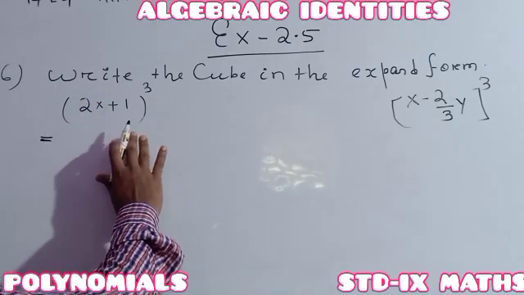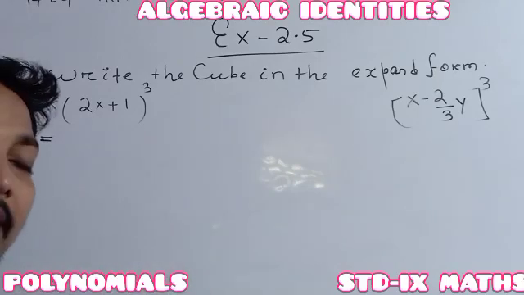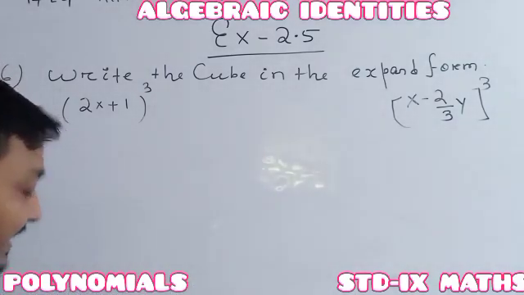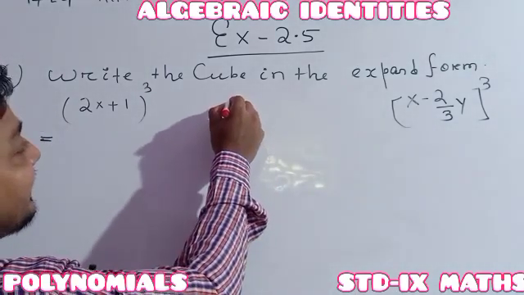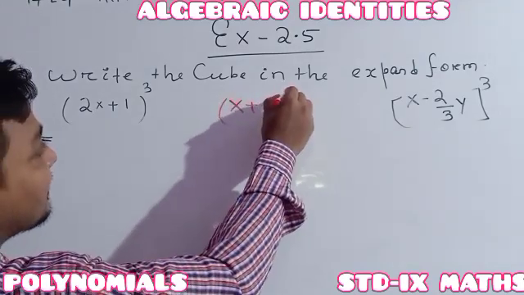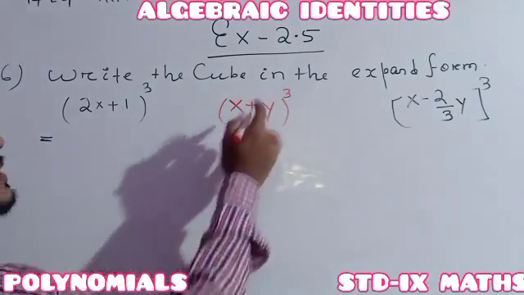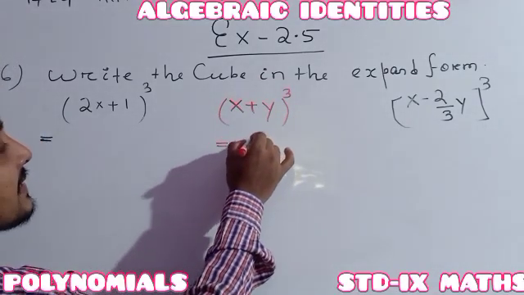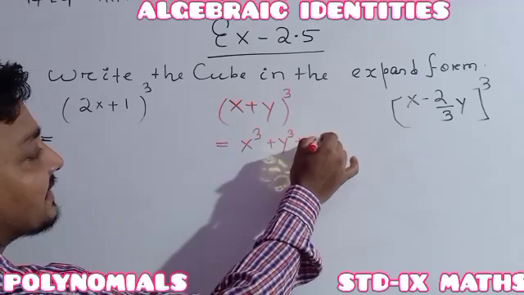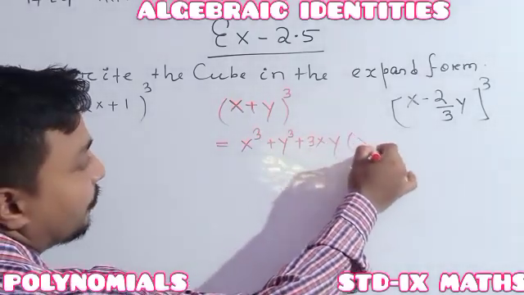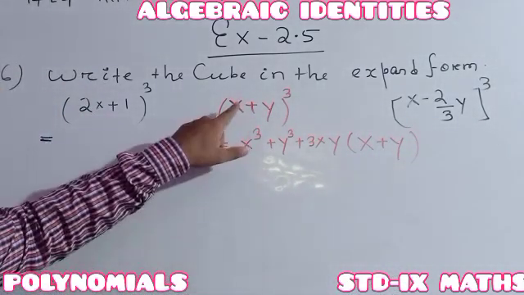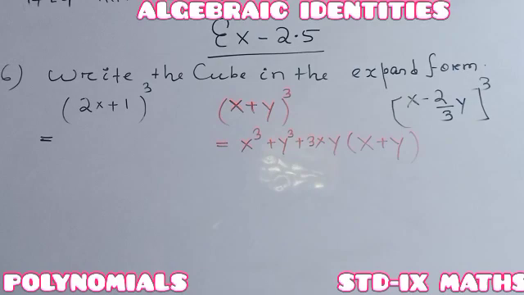Whenever we are writing the algebraic identity, here I am showing you the algebraic identity that is to be applied. x plus y whole cube equals x cube plus y cube plus 3xy whole into x plus y. So this one is our factorization form, and the right side is our expansion form.